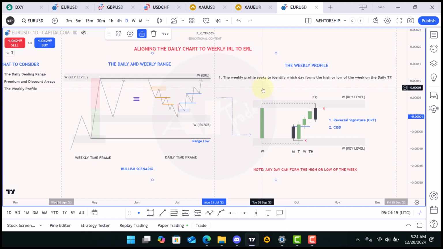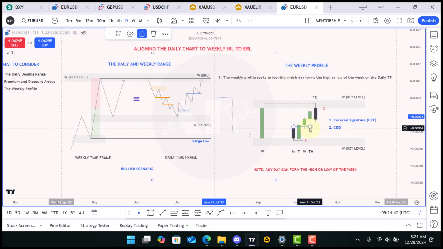Because if we were, like I said in my previous video, all we need to do is drop down to our 4-hour chart and look out for a change in state of delivery, and then set up our market maker buy model to execute our trades within that week. But this is the situation, we are unclear of what the weekly chart is presenting. So then we drop down to the daily time frame and we consider the weekly profile.